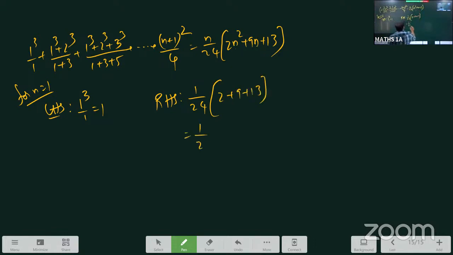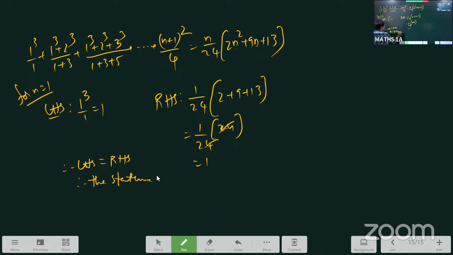That is 1 by 24 into 9, 10, 11, 11 plus 13 is 24. 24 gets cancelled. What I got is 1. Same, no? So your LHS and RHS is giving same. Therefore, your LHS equal to RHS. Therefore, the statement S of n is true for n equal to 1.